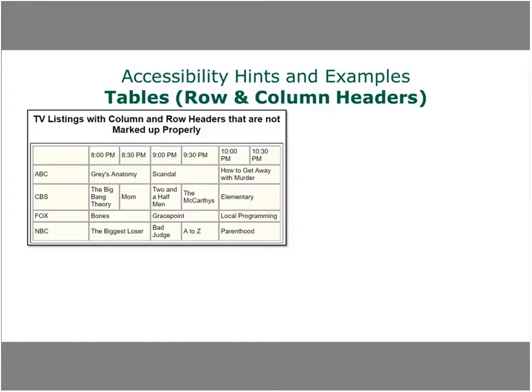The next common item is tables. We use tables to present our data. We can see here, for example, programs provided by specific channels at a specific time. But in this case the table is not properly prepared.